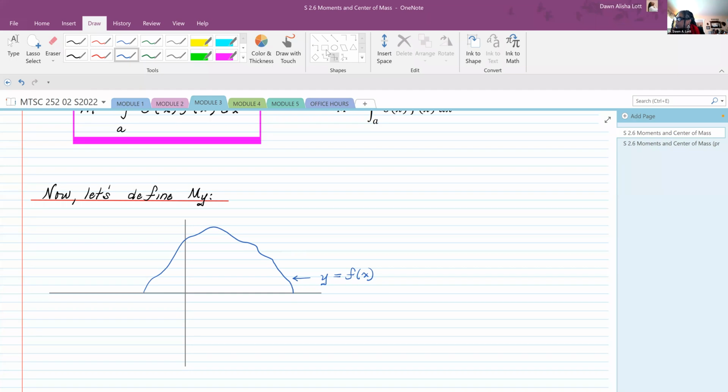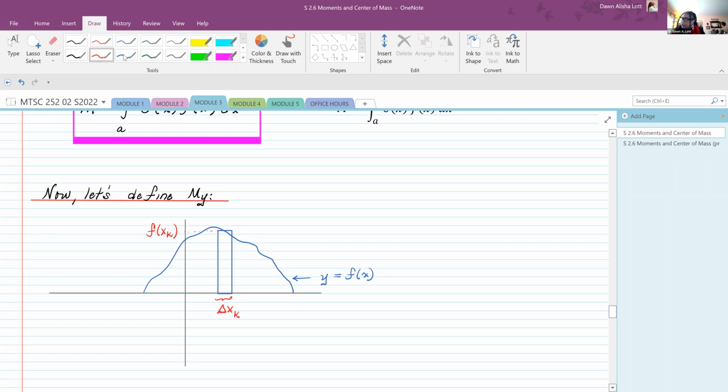I took a little sliver like this, and so this was delta xk. And over here, this height was f of xk. And then we found an area.